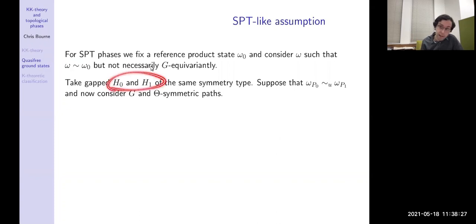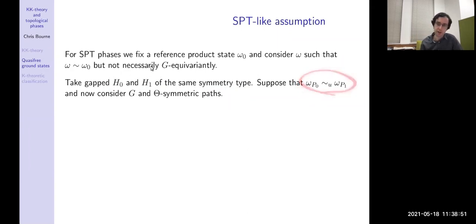We're going to do a similar picture here. We take a pair of single particle Hamiltonians on this Nambu space with the same symmetry type. We assume that the gapped ground states you get from these operators are also equivalent, but the notion of equivalence we want in the quasi-free picture is just unitary equivalence.